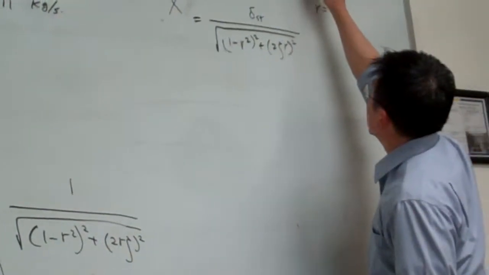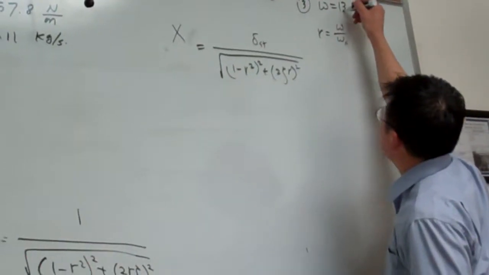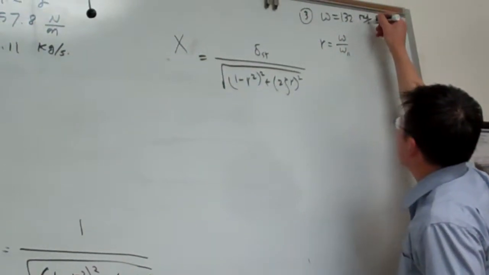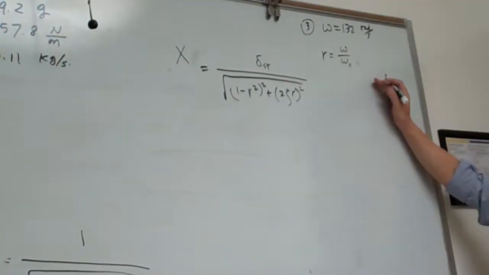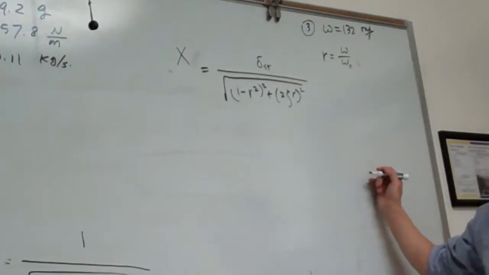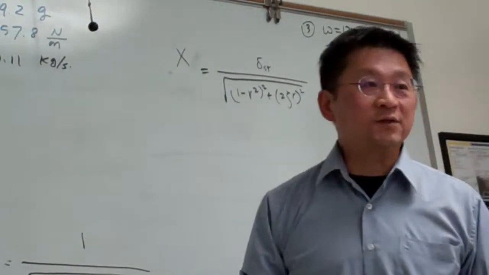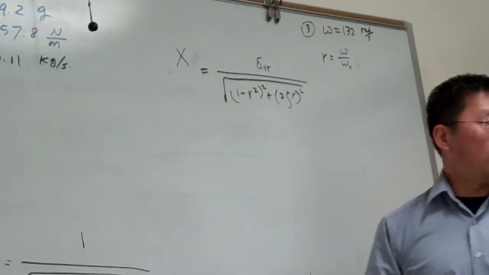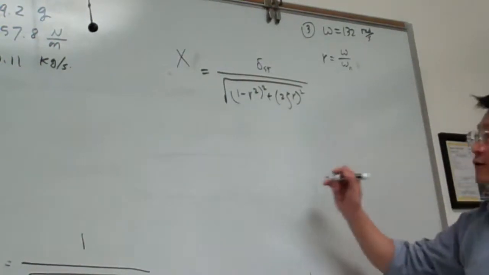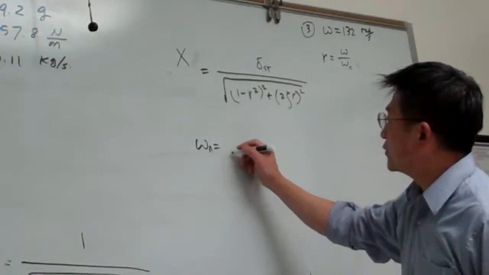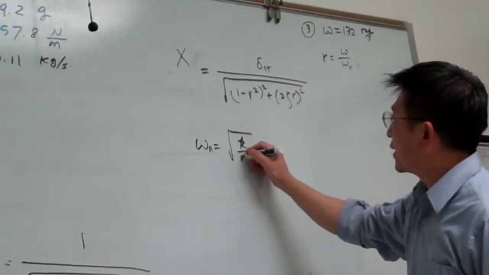Okay, so the first case is when omega equals 132 radians per second. That means we have omega, and we don't know omega n, so we need to calculate omega n. That is the reason why the first question is to get ourselves ready with omega n. Omega n is the square root of k divided by m.